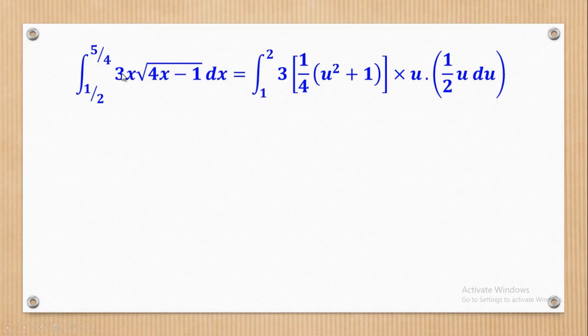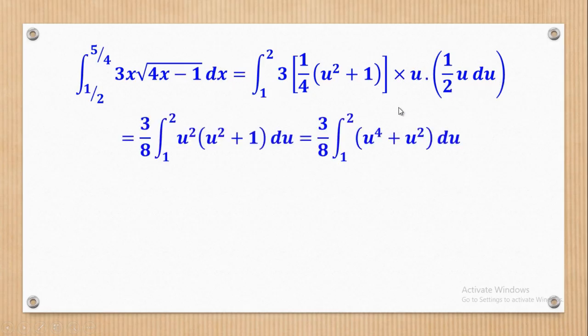Out of that, I know that 3 is here. Then x, remember we made x the subject, and x was equal to a quarter of u squared plus 1. So I come and substitute for x here. Then I also know that the whole of this is equal to u, so I come and substitute my u. Then I also have to substitute for dx. Remember, we got dx as a half u du.